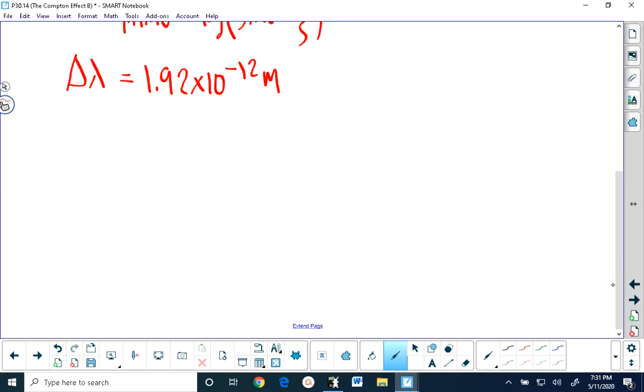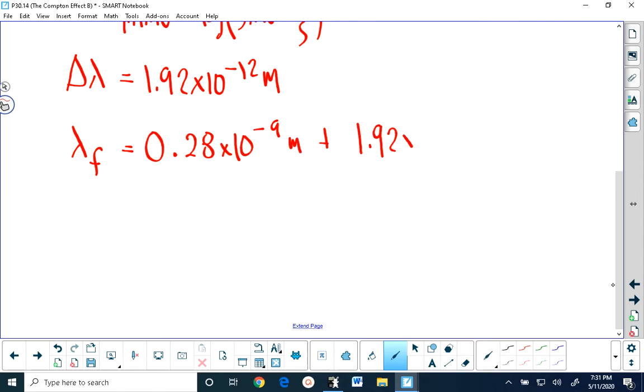You do have to remember something, and it's that the final wavelength in the Compton effect is always greater than the initial wavelength, which means to find the final wavelength, we're going to take the initial wavelength, which was 0.28 nanometers, and add the change in the wavelength, because that's how much the wavelength increases by. And that will be the answer.